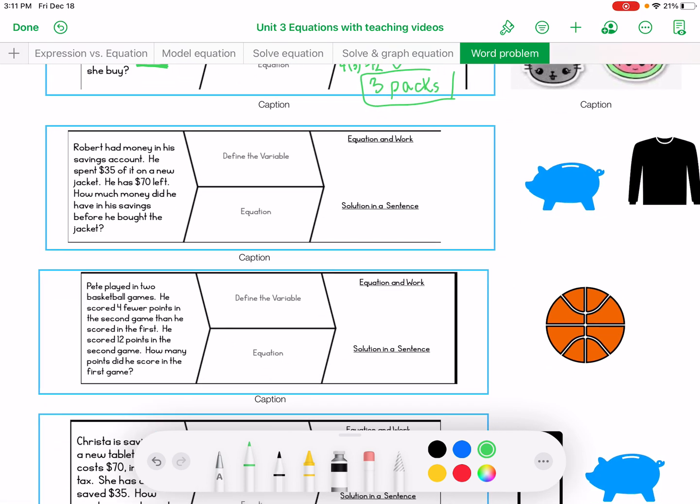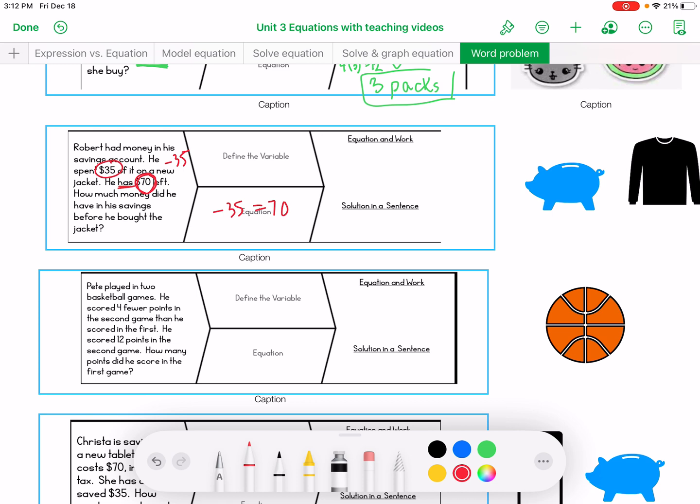Robert had money in his savings account. He spent $35 of it on a new jacket. So spent indicates it's going to be a negative 35.